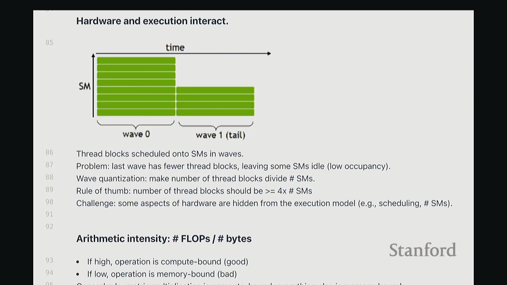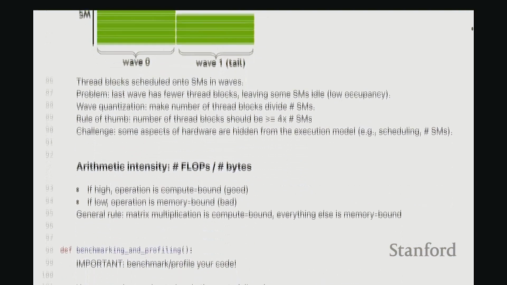And so one thing that we would like to do is to make sure all the waves have an equal amount of computation. We can't always do that, but if we can, we would like to do that, right? So we want to make the number of thread blocks, ideally divide the number of SMs, and to make sure that each wave has an equal amount of work. So we're going to ideally have a lot more thread blocks than SMs. And we're going to try to make that happen as we write high performance code.